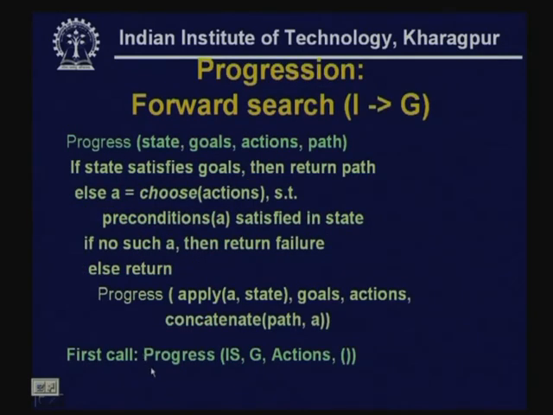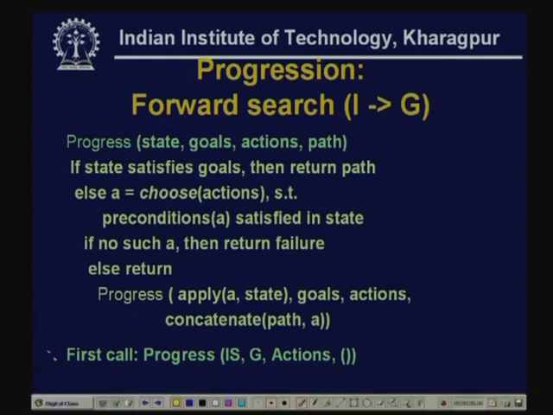Now, this forward planning algorithm is also called progression, and we can write this algorithm in more detail as follows. We are given an initial state I, and we need to go to a goal state which satisfies G. So, the progression from the current state to the goals, given the set of actions available and the path so far.